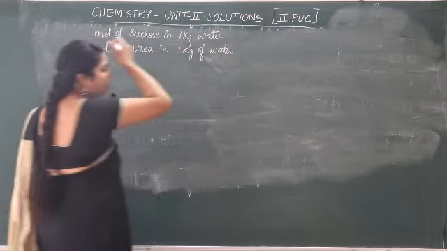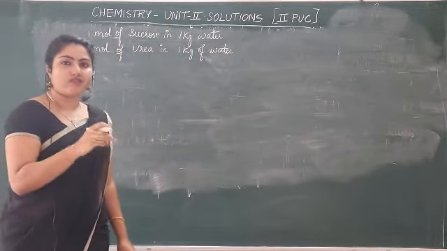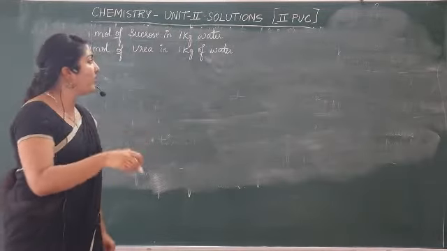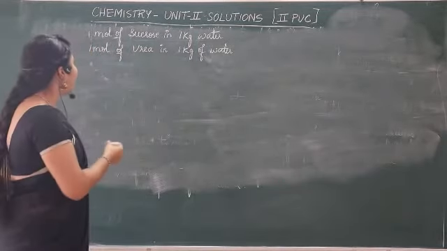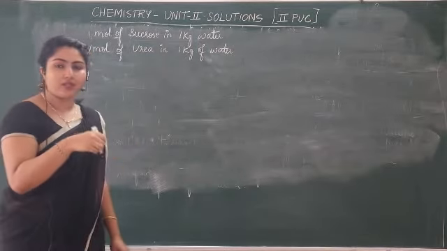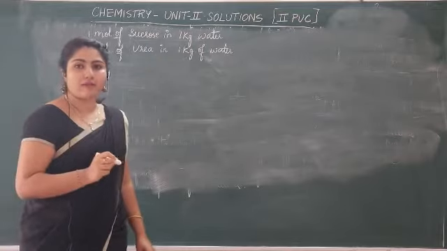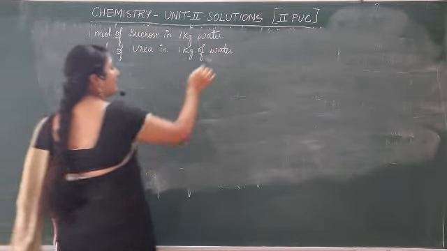That means you have 2 solutions now. One solution is 1 mole of sucrose dissolved in 1 kg water. The other solution is 1 mole of urea dissolved in 1 kg of water. Now, the decrease in vapor pressure, if you observe, in both the cases, will be the same.